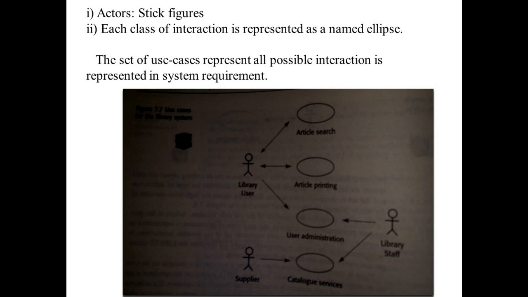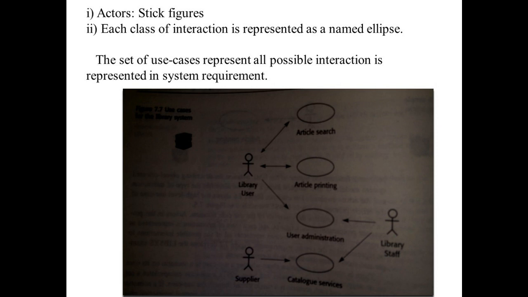The different actors are library user, book supplier, then library staff. Different types of interactions are represented with the named ellipse. Here, article search, article printing, user administration, and catalog services are the different classes of interactions.